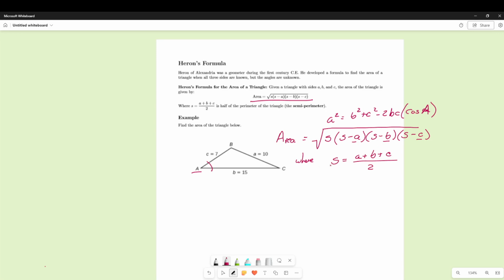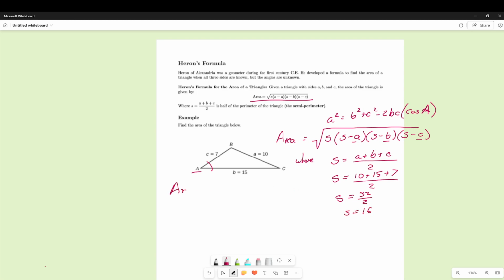But if we want to use it, we've got to calculate this s. So that s would be 10 plus 15 plus 7 divided by 2, so half of the sum of the side lengths. So that's 22, 32 divided by 2 is 16. Yeah, that's a nice number.